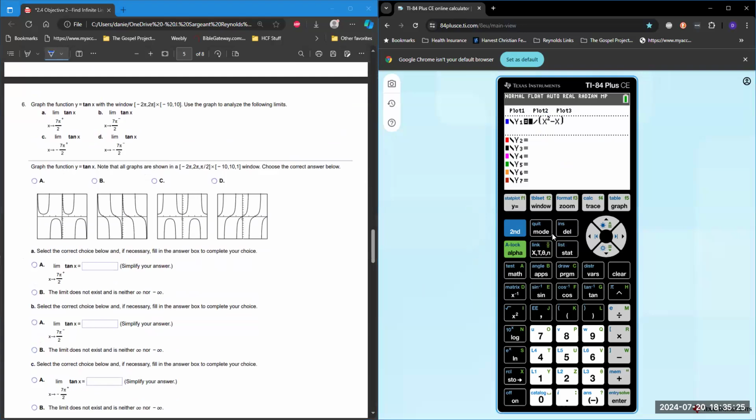Now let's graph the function y equals tan x. We're going to have a window of negative 2 pi to 2 pi, increments of pi over 2.